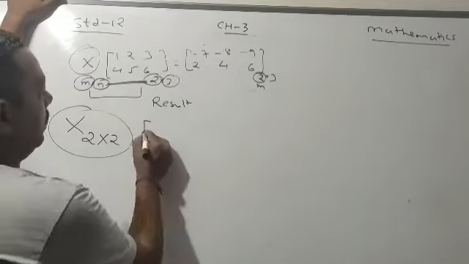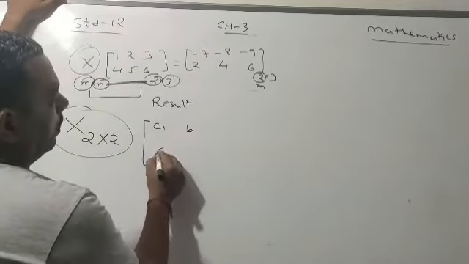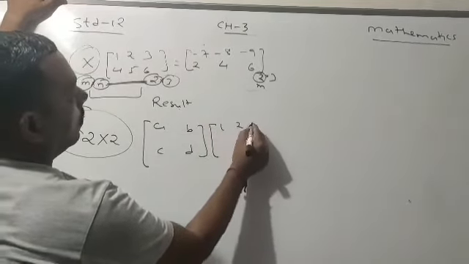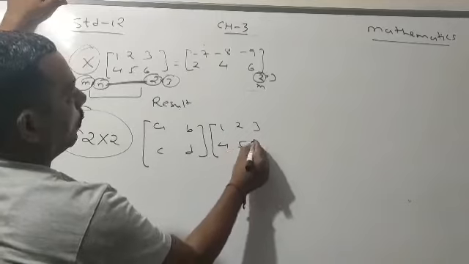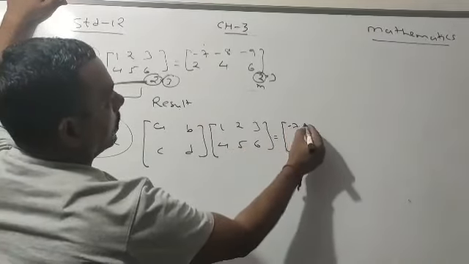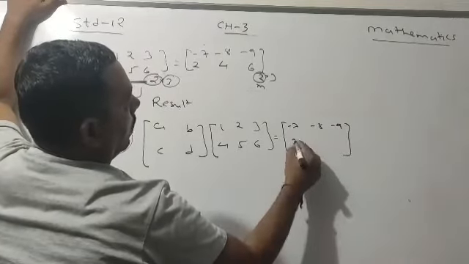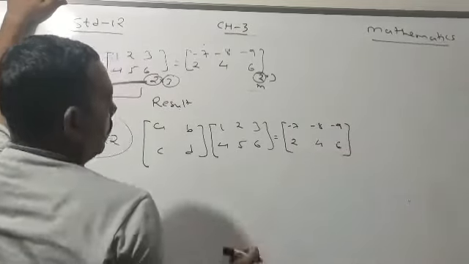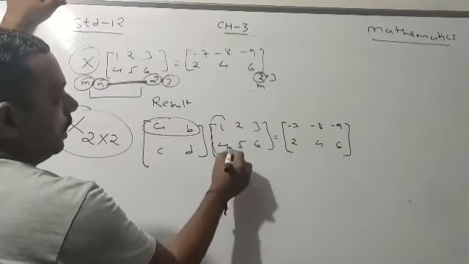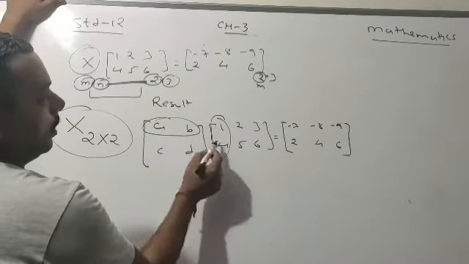So we will decide that the 2 by 2 unknown is A, B, C, D. Then [1, 2, 3; 4, 5, 6], and this side it is [-7, -8, -9; 2, 4, 6]. We know very well, if I open this bracket, I will get a linear equation, say A plus 4B.